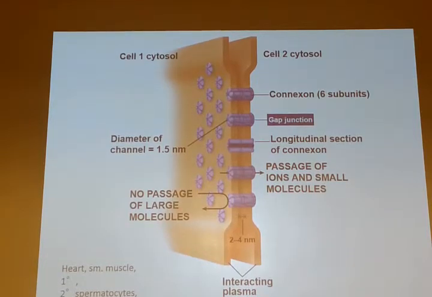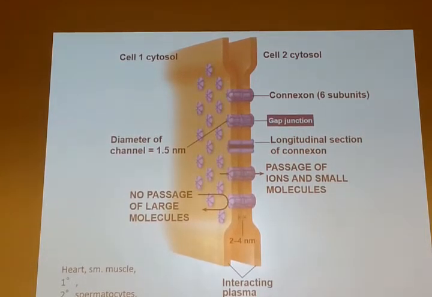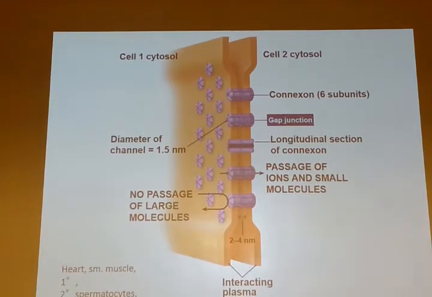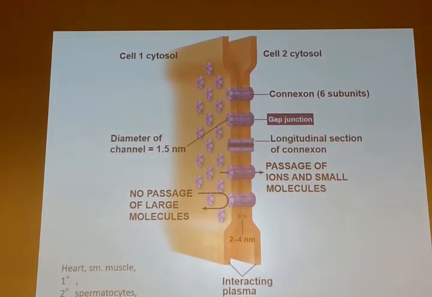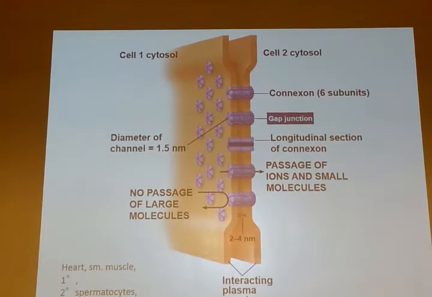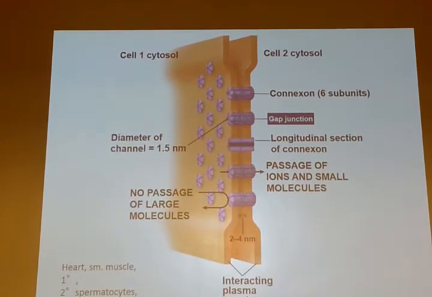Okay, gap junctions, as the name implies, there's a hole. You have the connexon subunit forming a channel between adjacent cells, so either electrical charge can go between cells, or nutrients or hormones can go between cells. So in the seminiferous tubules, when spermatozoa are developing, you want them all to develop at the same rate.